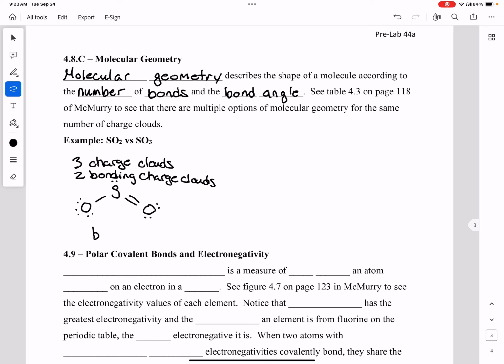So this is called bent. Okay, please do refer to that table as we go through this. So we also have SO3.